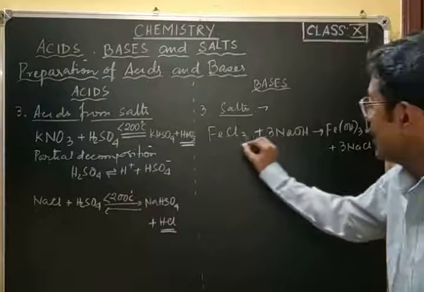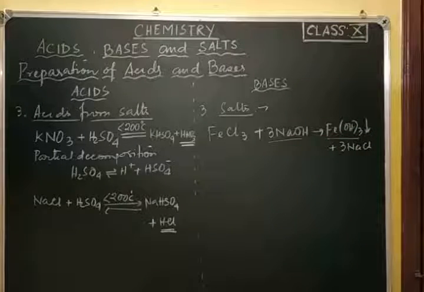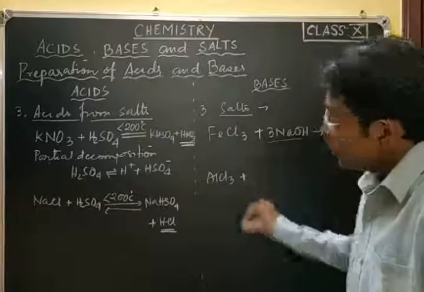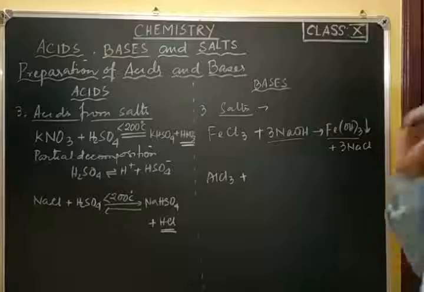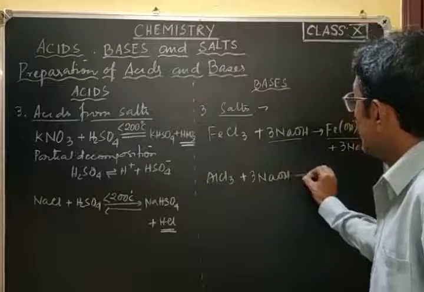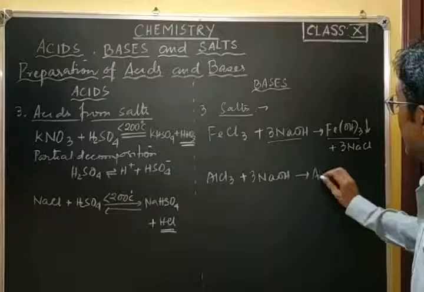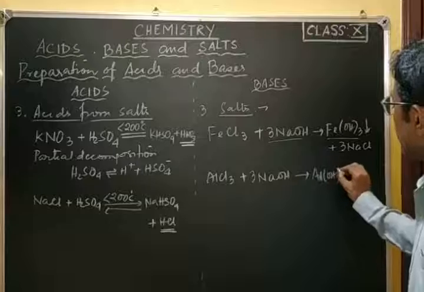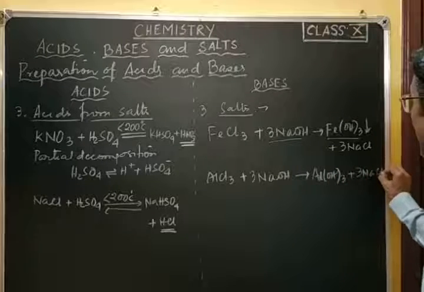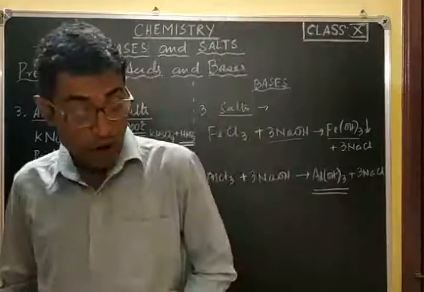So one base produces another base. Another example I can take is AlCl3, aluminum chloride. When it reacts with 3NaOH, it produces aluminum hydroxide, Al(OH)3, plus 3NaCl. That's how we can prepare acids and bases from salts.